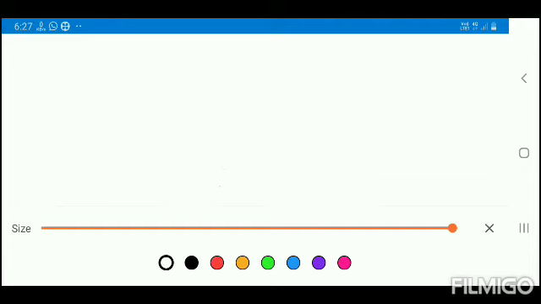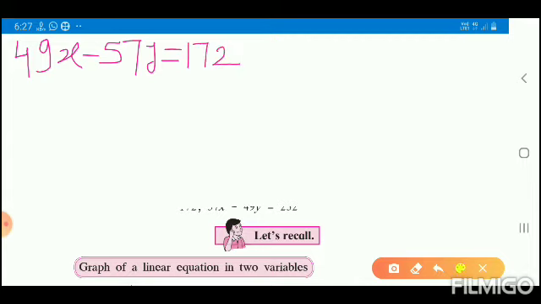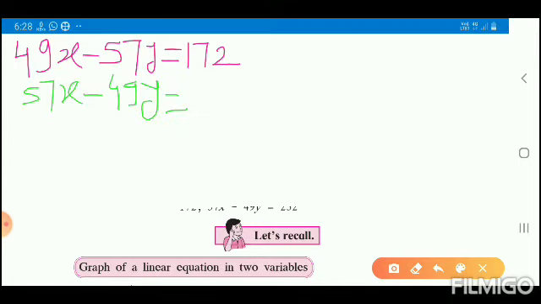Okay, we will take the equation, that is 49x minus 57y is equal to 172, and another equation, that is 57x minus 49y is equal to 252. Now I said to you, like this way equations will be there.